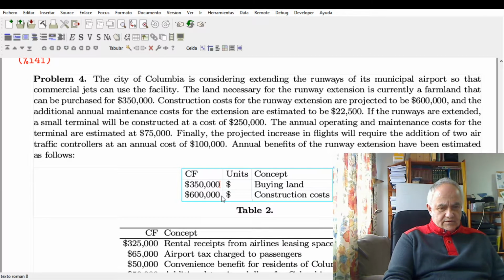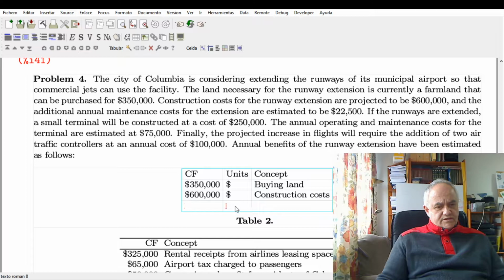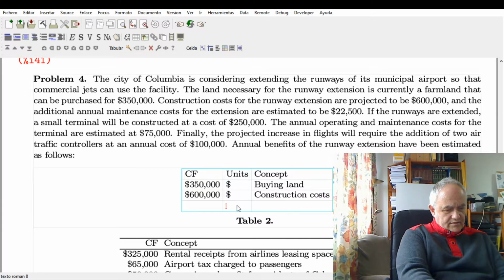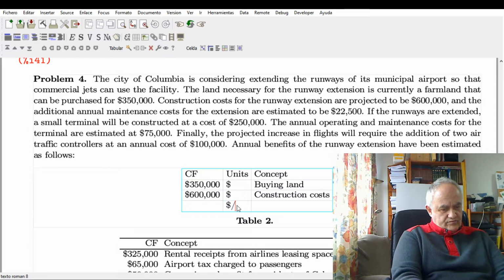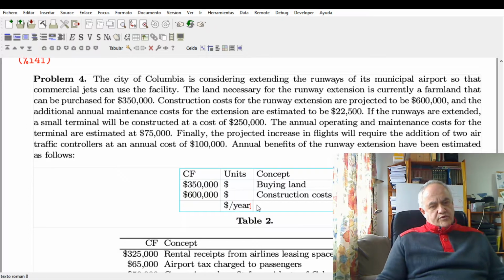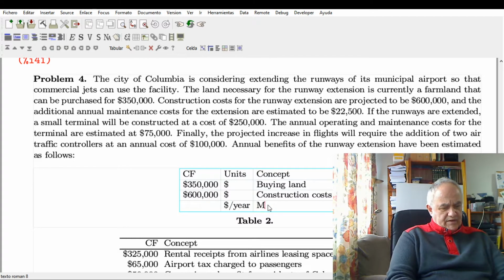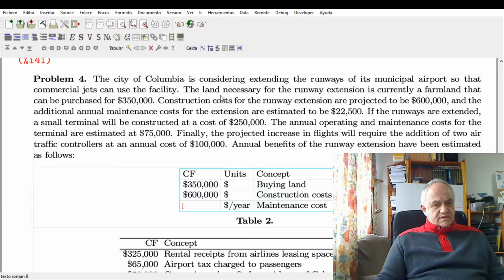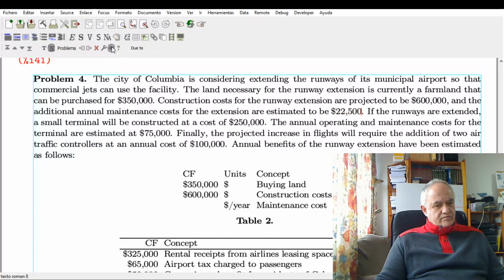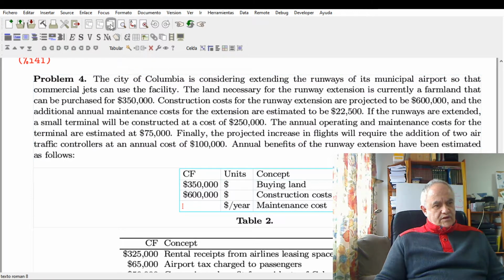So now we have an additional cost that is expressed in dollar per year. It's maintenance cost, and this is paid every year for this amount.